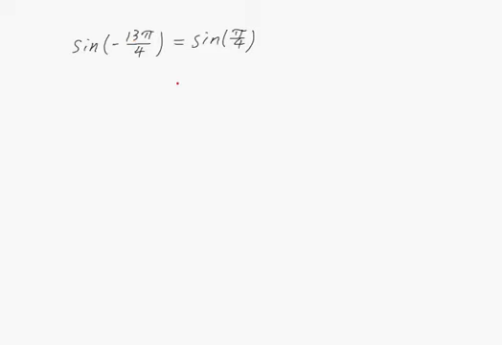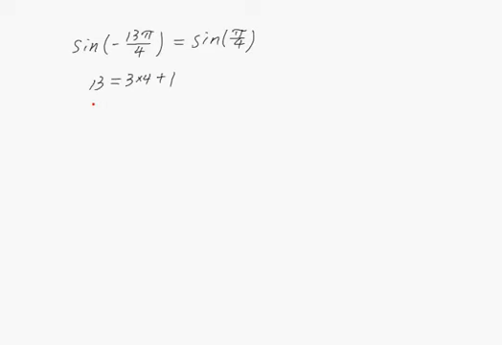Actually, we use the reference angle to evaluate this sine value, right? So we first divide 13 by 4, then we get 3 times 4 plus 1. So the remainder is 1, the quotient is 3.